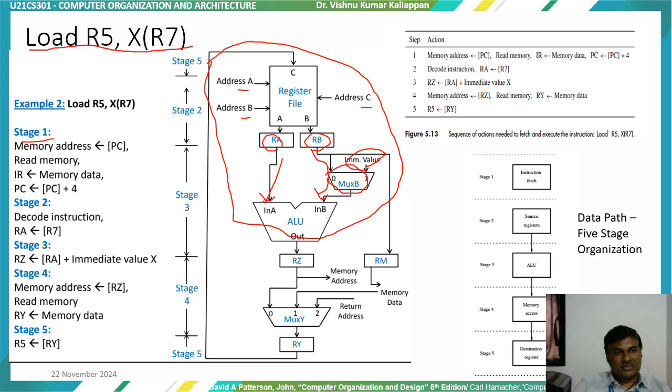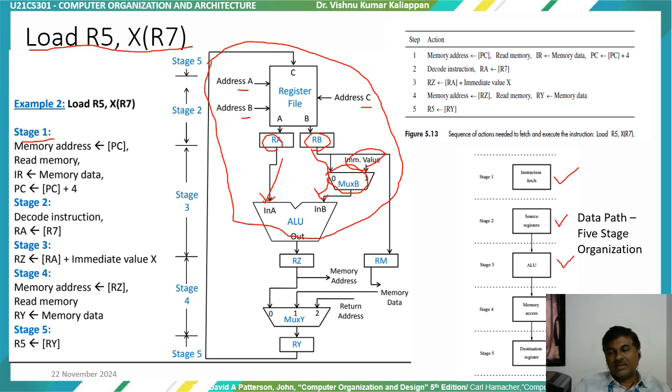There are 5 stages, we already know it. What is the first stage? The first stage is the instruction fetch stage. This is the 5-stage organization. Always the first stage will be instruction fetch, and the second stage, from the source register, we fetch the data.